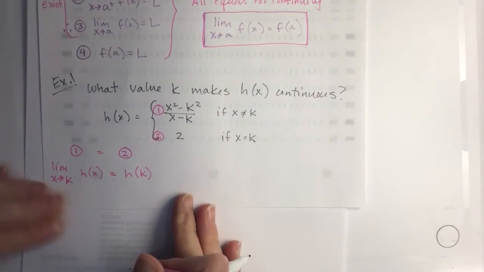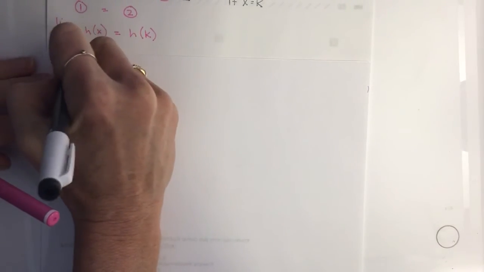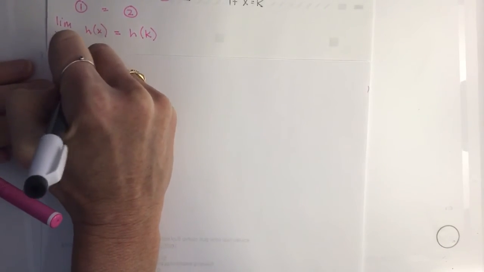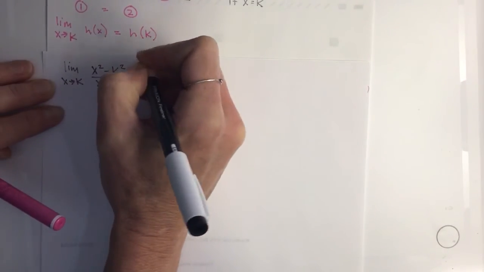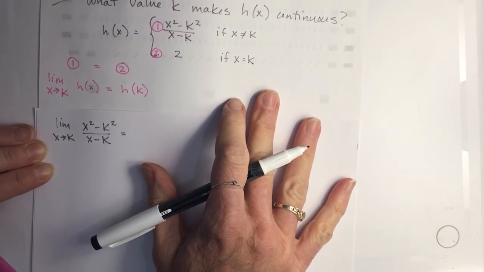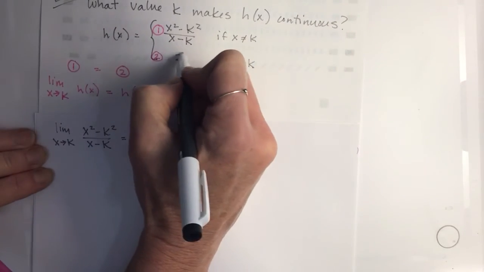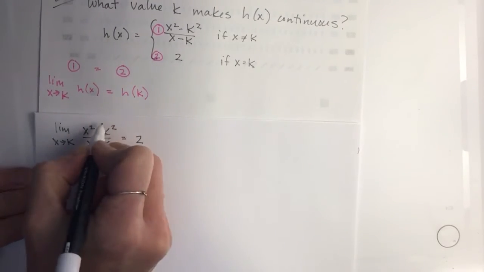Now we find the limit as x approaches k using the first function, x squared minus k squared over x minus k, and that has to equal h of k, which is 2.